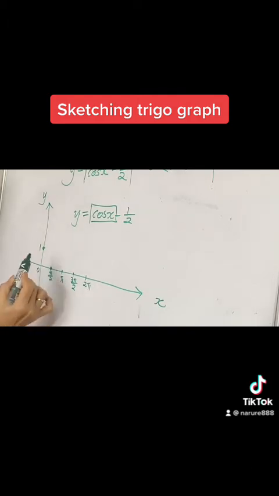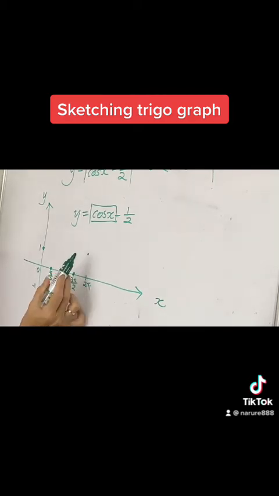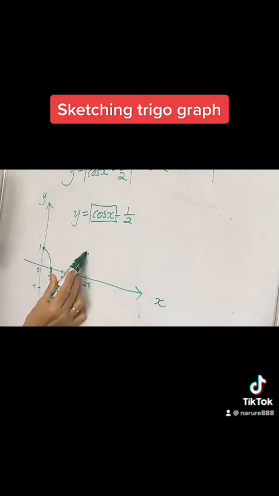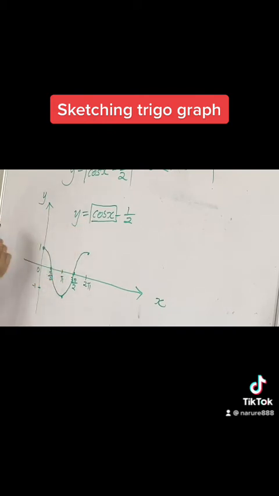Cos 90 is 0. Cos 180, pi, is -1. At 270, 3 pi over 2, it is 0. And at 2 pi you get 1. So basically you should have the shape of the cosine graph. This one is y equal to cos x.